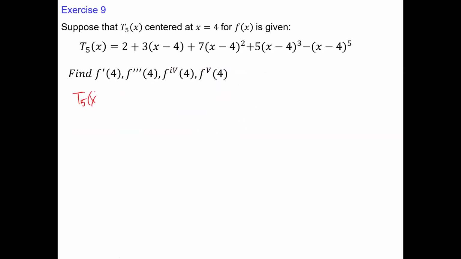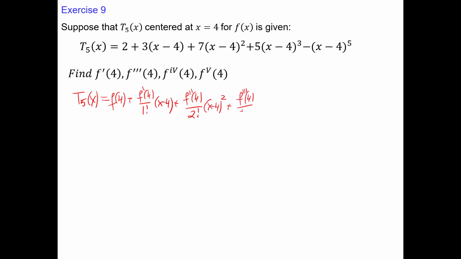We know the formulas. In general, the center is 4. In general, the 5th degree Taylor polynomial is, let's do it again. Value of the function at 4, value of the first derivative at 4 over 1 factorial, x minus 4 to the power of 1. Second derivative at 4 over 2 factorial, x minus 4 squared.